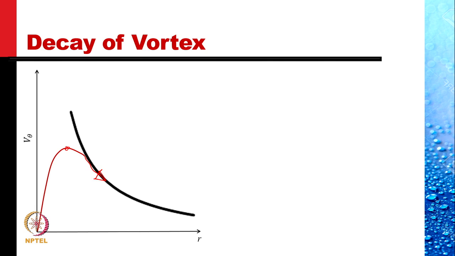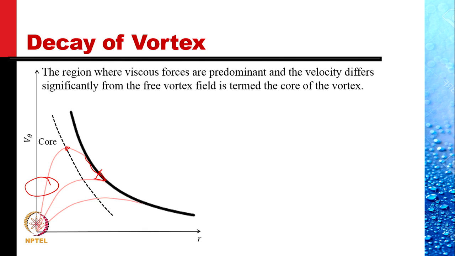The viscous action in this core results in dissipation of energy, and with time the velocity profile changes. The location of the maximum velocity marks the edge of what we can consider as a core. So as time increases, the radius of the core increases. The region where viscous forces are predominant and the velocity differs significantly from the free vortex field is termed as the core of the vortex.